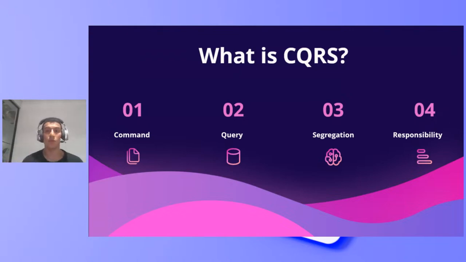On the other hand, when you try to manipulate data, you want to store something into the database or make a partial update of the data, you are going to be using a command. And in this part, it becomes pretty important to mention that we have a segregation of responsibility here. Contrary to the usual layers of the onion architecture or the domain-driven architecture that we usually see throughout the application, we are not going to be seeking anymore to split the code into several layers and make sure each of those layers solves one particular piece of the code.